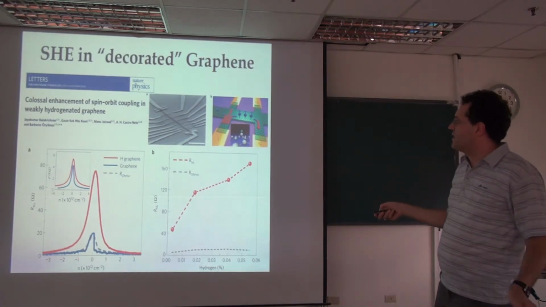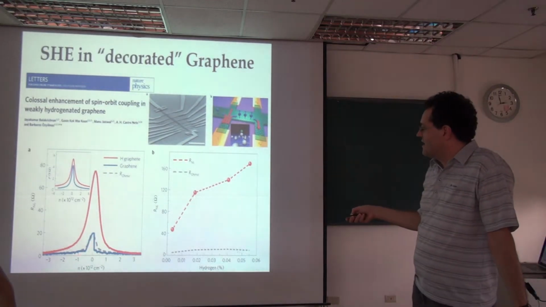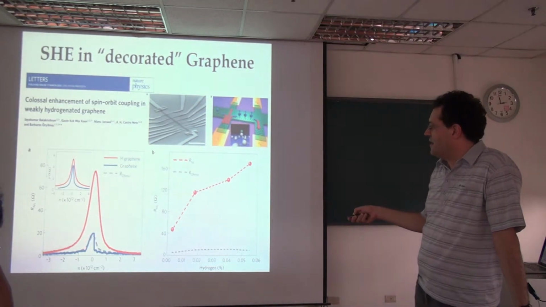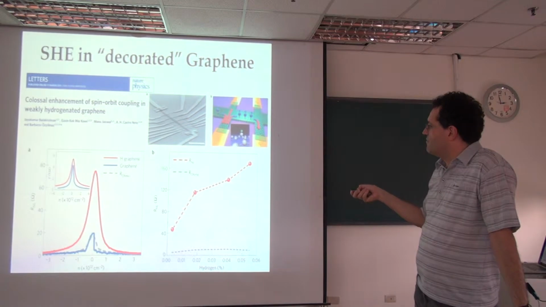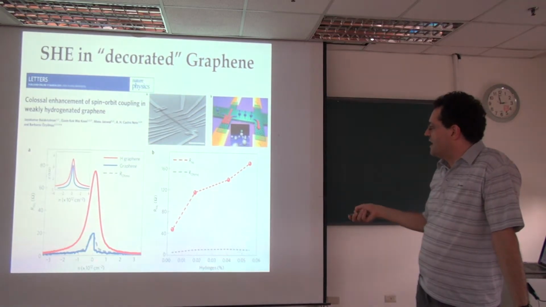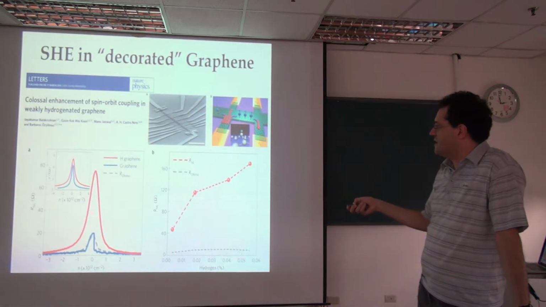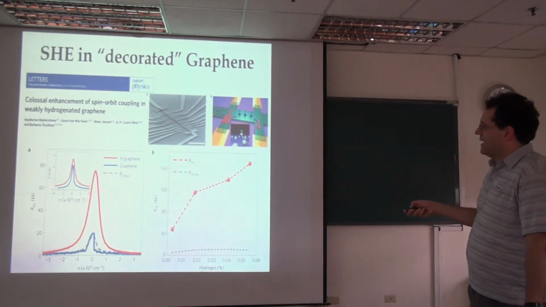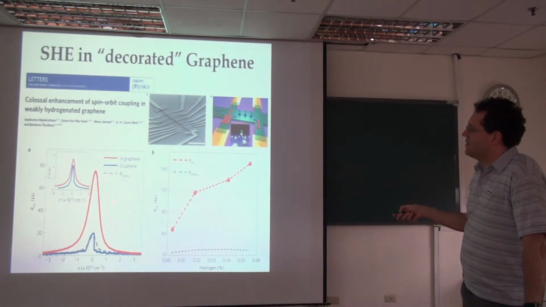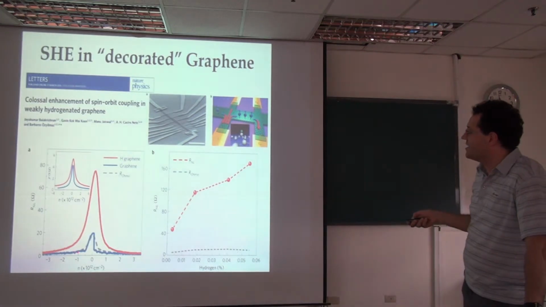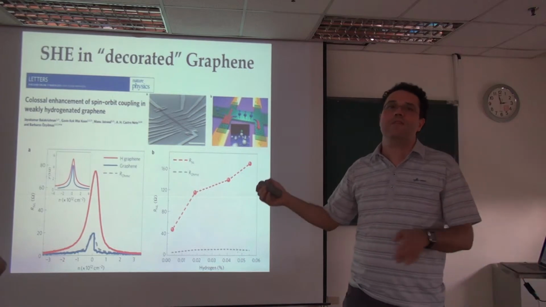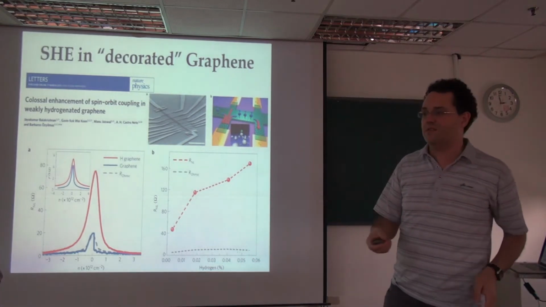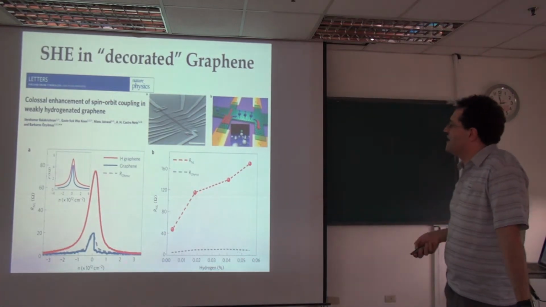But what you can see is that in any case, this leakage right here, this is the leakage in the hydrogenated device, is much smaller than the total signal that you get. So this is clearly telling you that when you expose the device to hydrogen, you are generating a spin current. And in this paper, they also have other evidence like the existence of precession and so on and so forth. So this is an indication of, yeah.